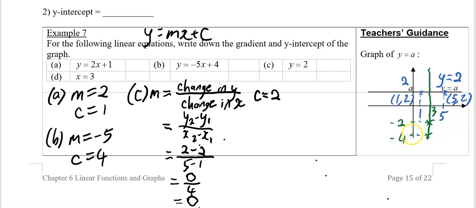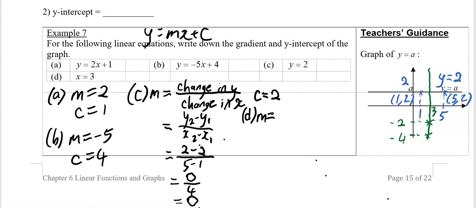So looking at part D, if I want to find the gradient of part D, my m is equal to change in the y value divided by change in x values.